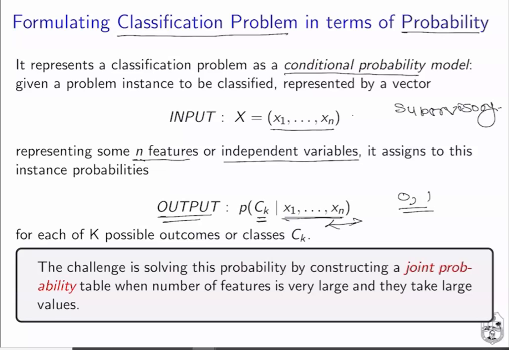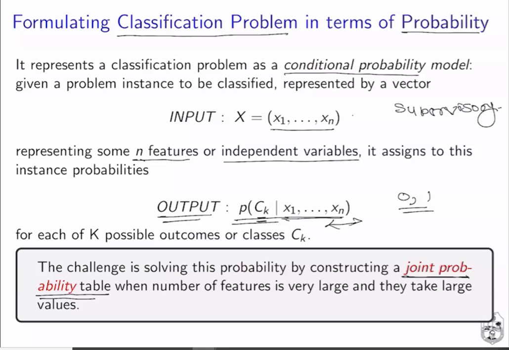One way to evaluate the conditional probability is by constructing a joint probability table, which you might have studied in your course on probability and statistics. Using this joint probability table, we can evaluate the conditional probability.